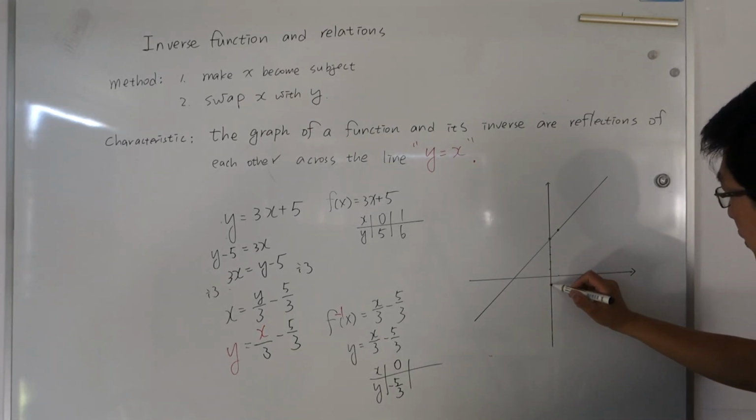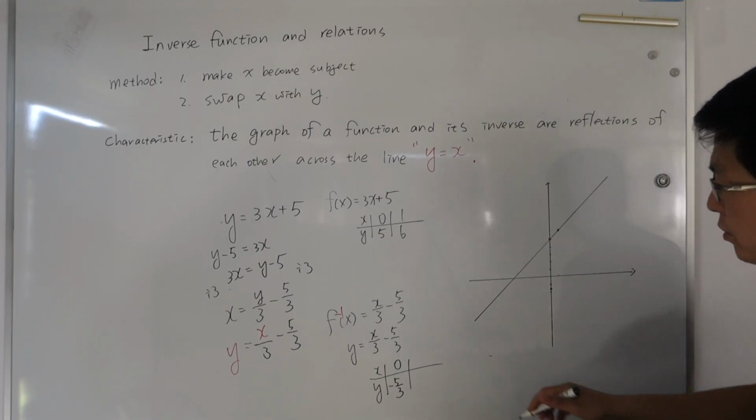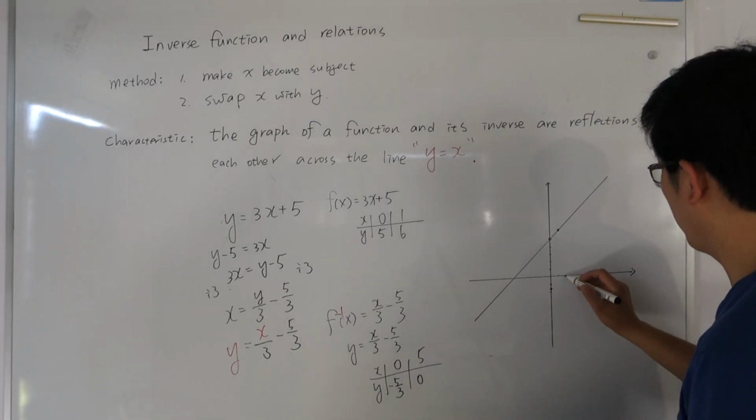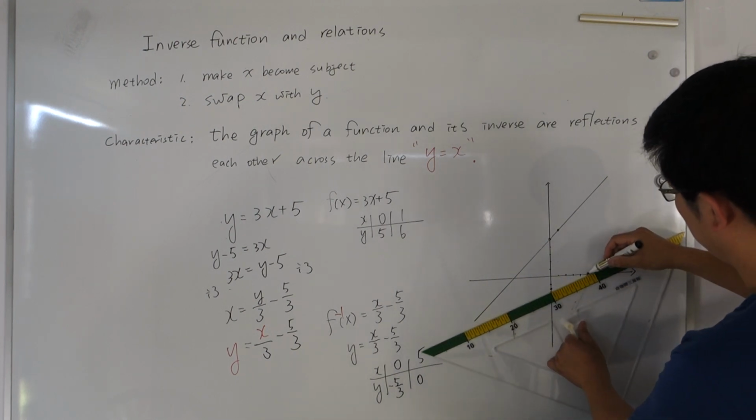Negative 5 over 3, around here. y equal to 0, x equal to 5.